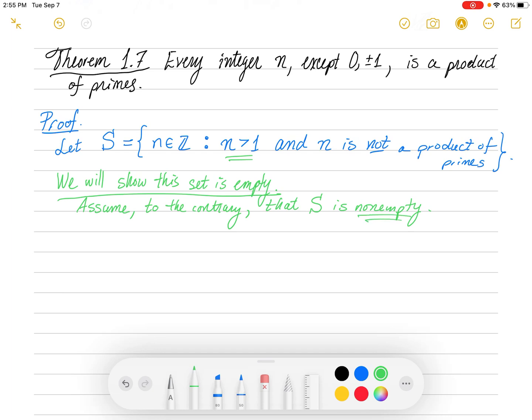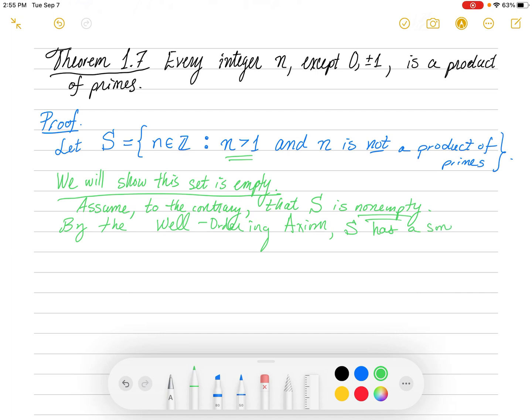So if you have a non-empty set of non-negative integers, you have something called the well-ordering axiom, which is in the very first section. By the well-ordering axiom, this set S must have a smallest element.